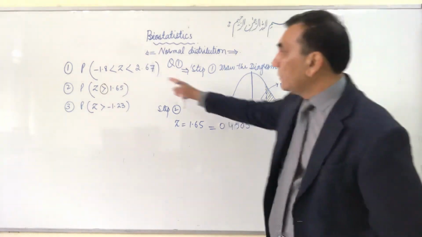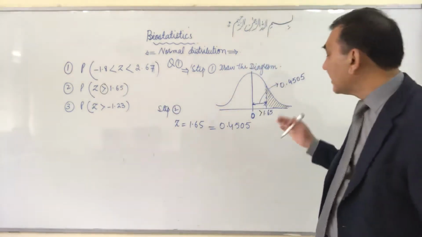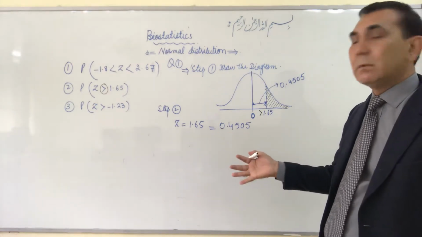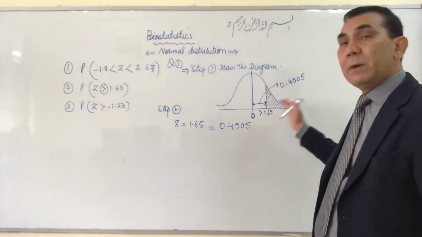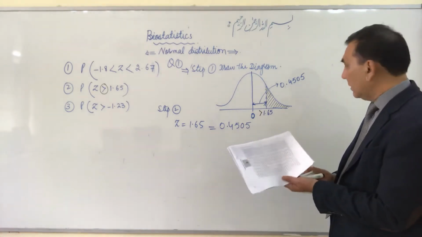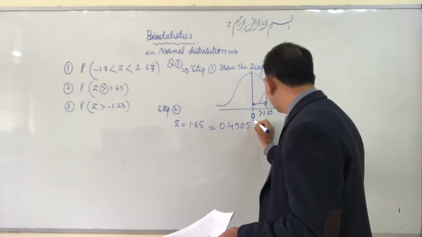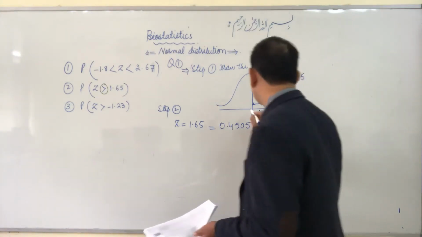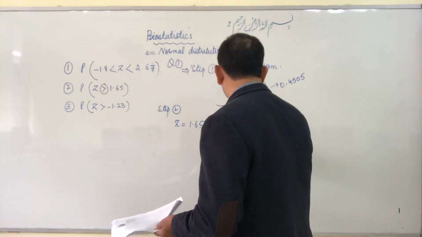But in the question we are asking what is the proportion or the percentage under the normal curve which is above 1.65. Definitely from here to here the value is 0.5. From here to here is 0.5.